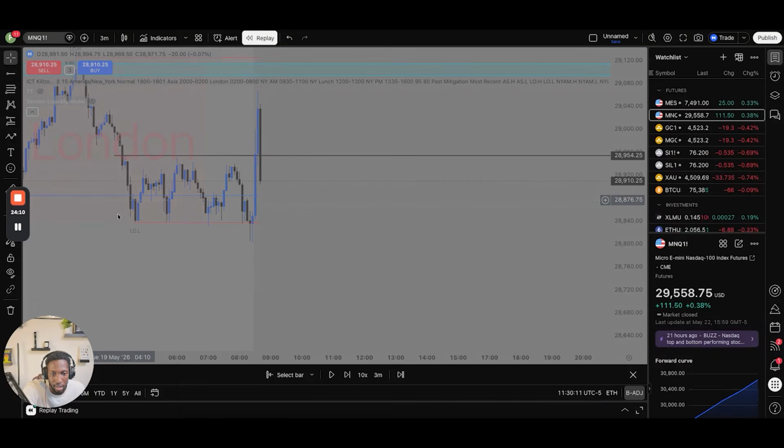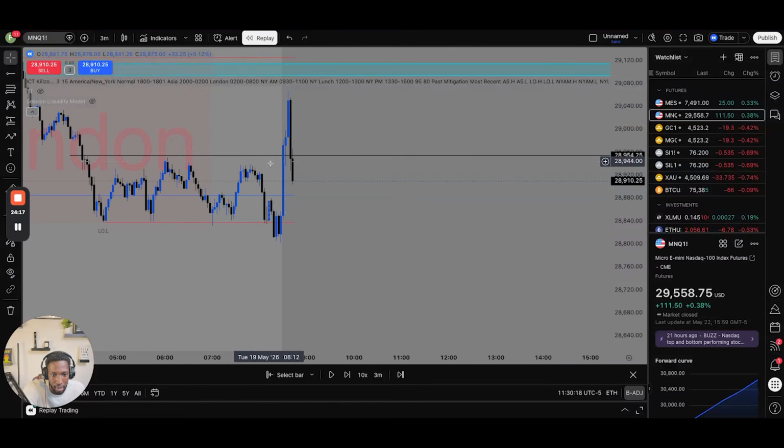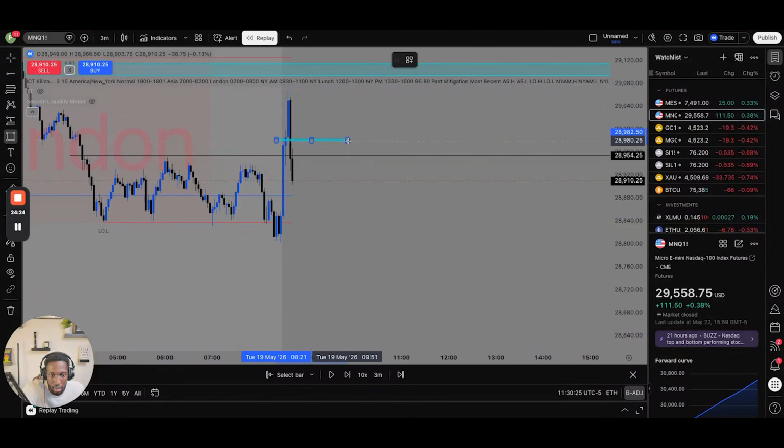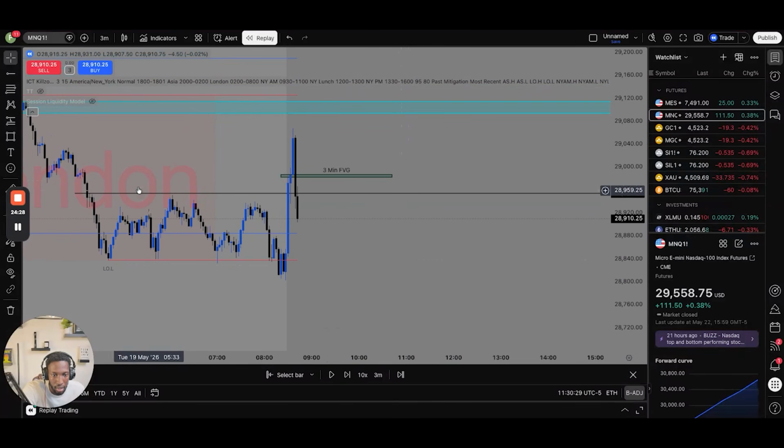Let's go on the 3-minute. There's an entry somewhere. Yeah, the 3-minute already gave us an entry here with this hourly gap, or with this 3-minute gap here.